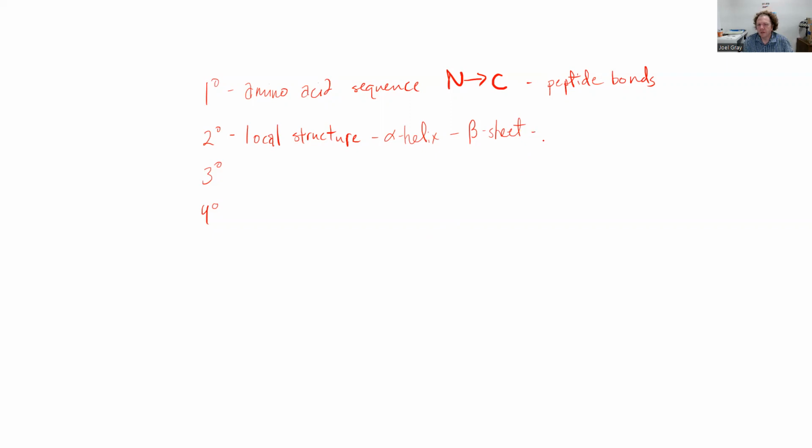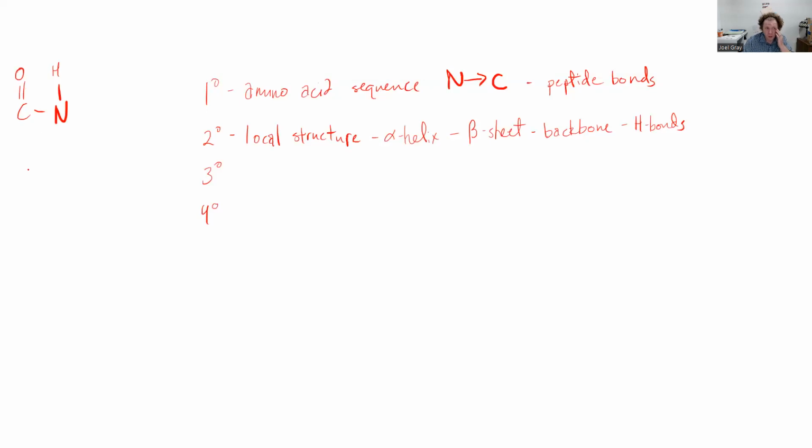Now, the forces that hold these together are going to be backbone H bonds. So if you think about a peptide bond, what you have is something that looks a little bit like this. H, here's a peptide bond.